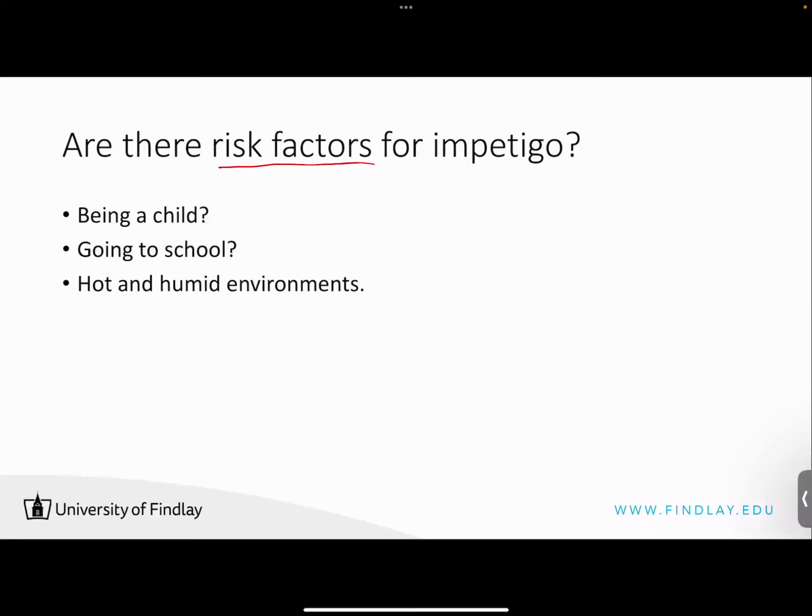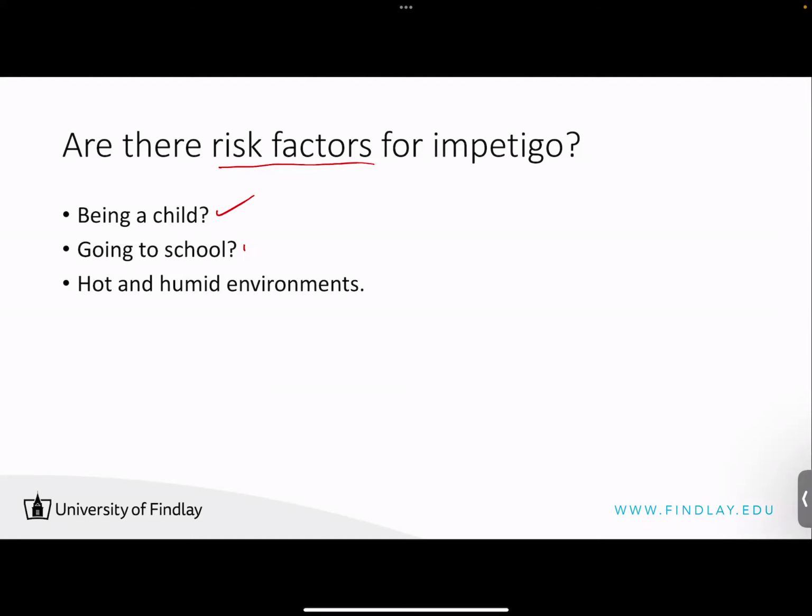Risk factors for impetigo and subsequently ecthyma. Yeah, being a child, right? Have you ever walked around in a daycare with a hazmat suit on, maybe? I mean, you want to talk about an area of society that is just replete with infectious debris. I'm so glad my kids are old and don't have to go there.